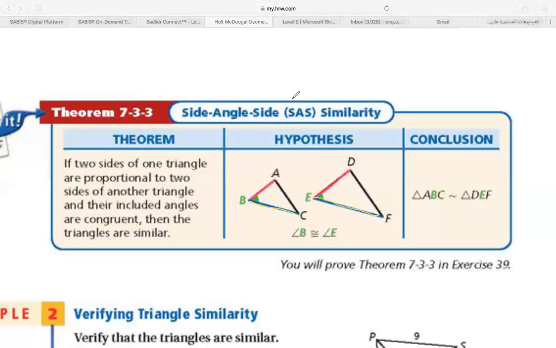This is S and S. What about A here? I took this side and I took this side. I will take the angle in between. If the angles in between are congruent, then the two triangles are similar.